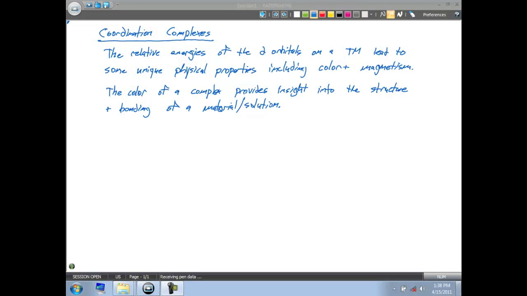And if we can in some way manipulate the structure and bonding in a particular compound or complex, we can potentially be able to manipulate the color.